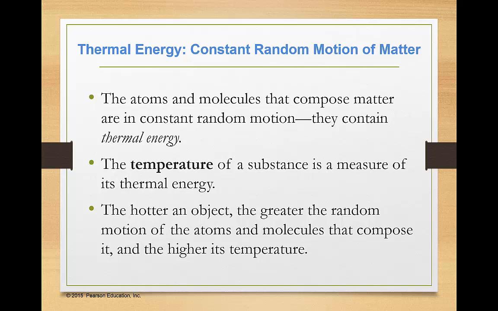Now, thermal energy is expressed as the temperature of a substance. So it's just a measure of the amount of thermal energy when you're taking the temperature of something. The hotter an object is, the greater the motion of the atoms, the faster they're moving around, and the higher the temperature.